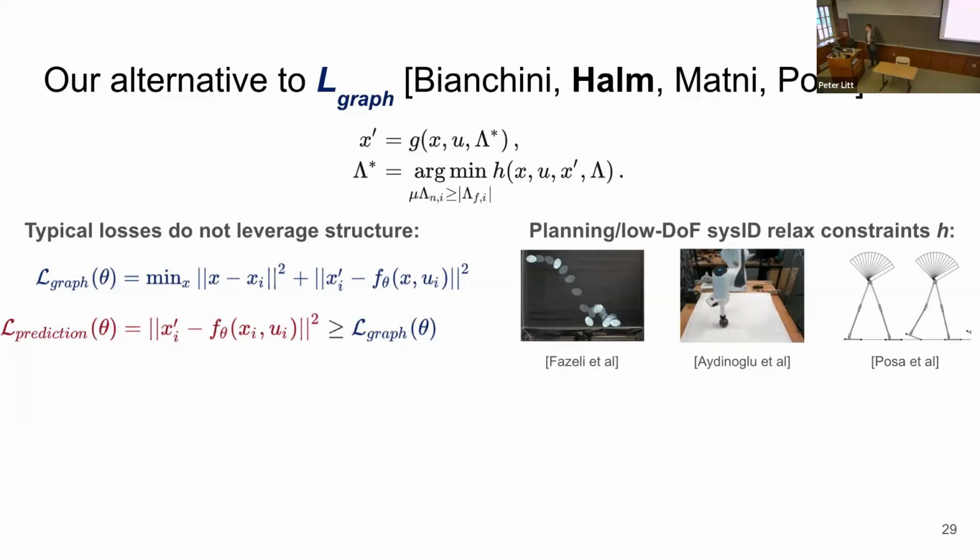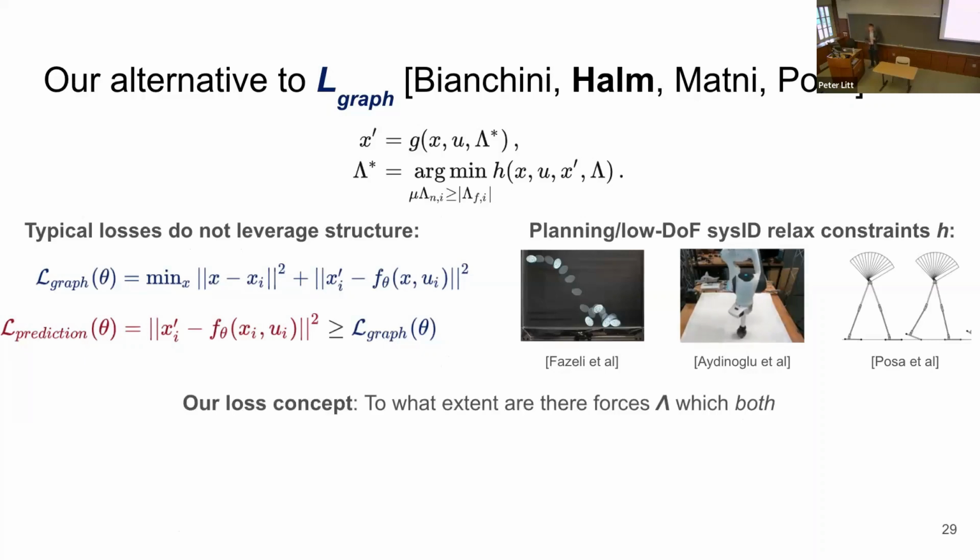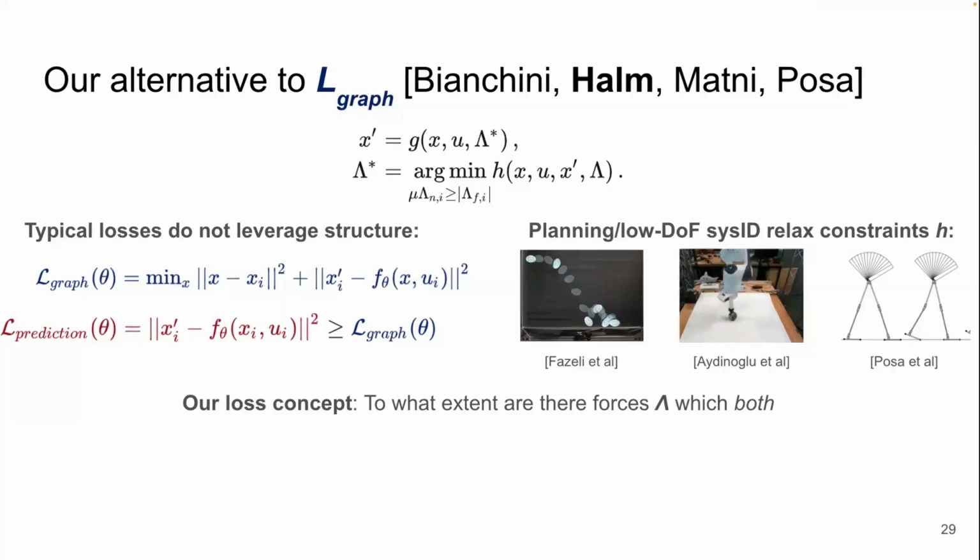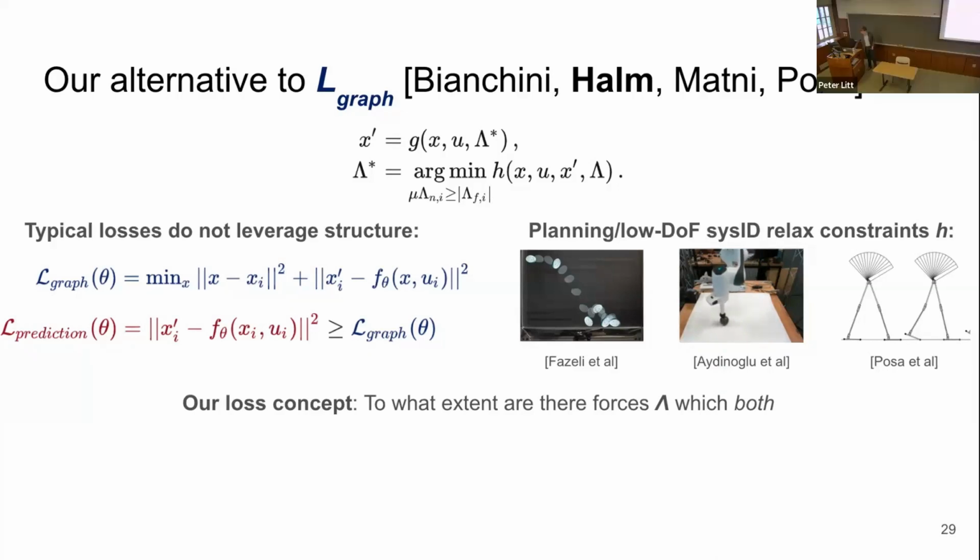So what we would like to do is a trade-off between these concepts and prediction error. Specifically, you're minimizing the impulsive forces that contribute to the violation of the constraints. I think yes, you are finding forces that are in some sense physically plausible and also match the motion that you see.